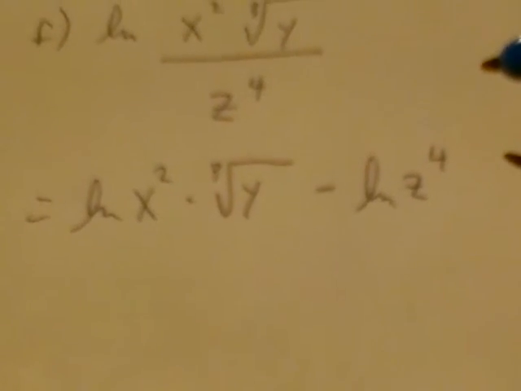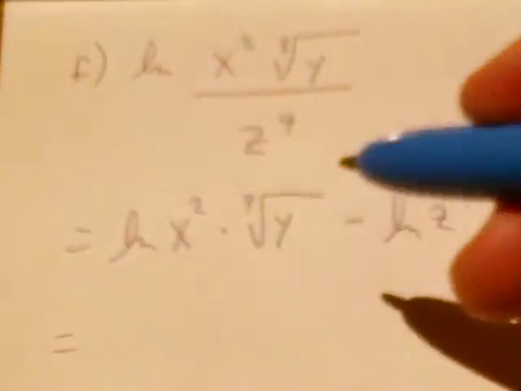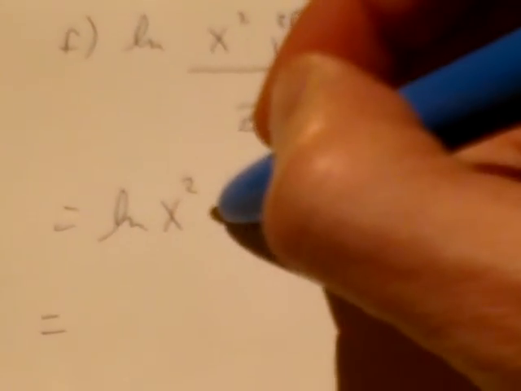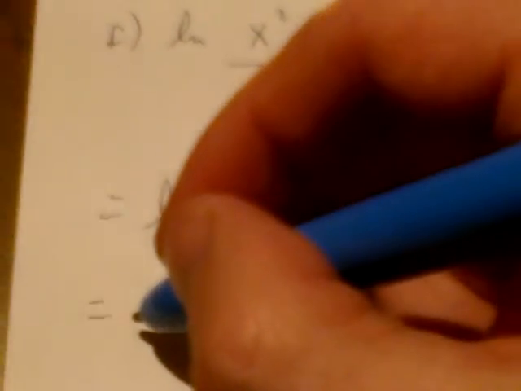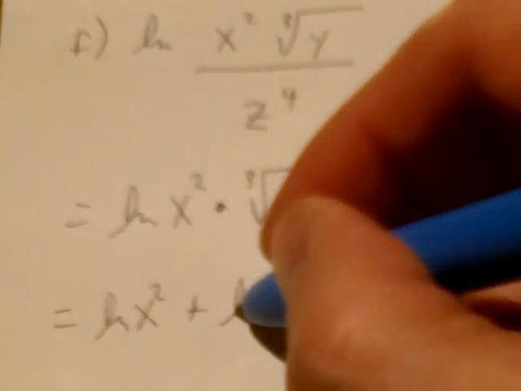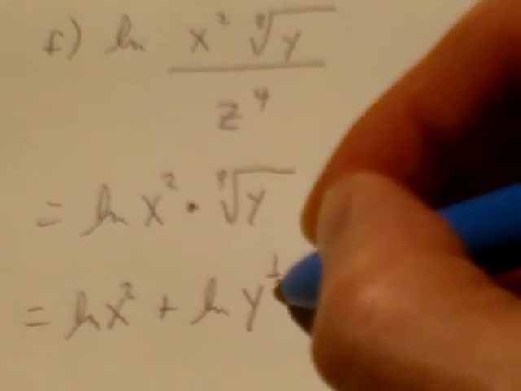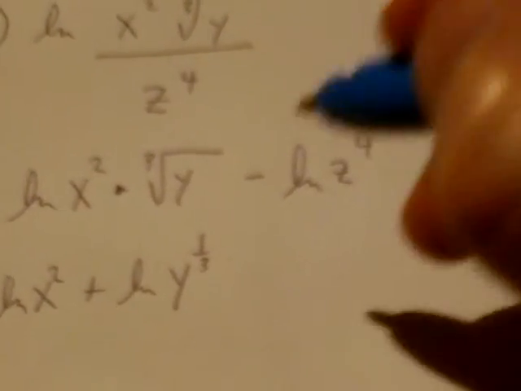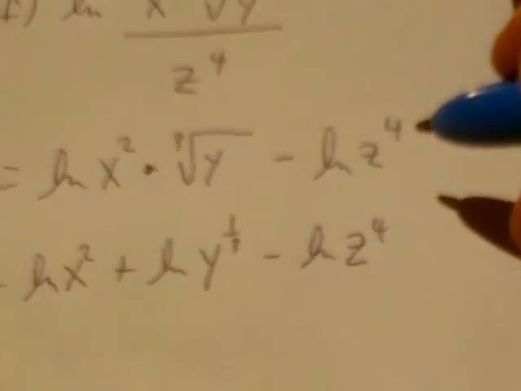Already it's looking better because now everything's on one line instead of in a fraction. And so I'm just going to go a little further here. I see that things are being multiplied, and that's fine. When things are multiplied, we just need to add them. So that means we have ln of x squared plus ln of, watch this, I'm going to write this as y to the 1/3 power, did two steps at once there, minus ln z to the fourth.